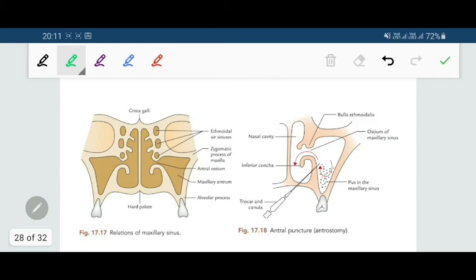Maxillary sinus appears as an outpouching from the mucous membrane lining the lateral wall of the nose. So the mucous membrane that was lining the lateral wall of the nose pouches outwards, and as an outpouching gives rise to the maxillary sinus.